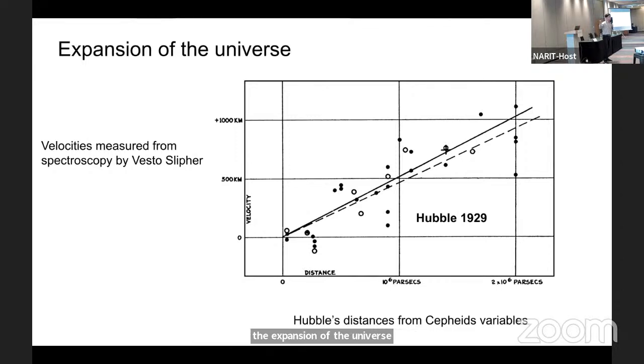This is the reason why his initial measurement of the Hubble constant, where v is the Hubble constant times the distance, came out at 400 kilometers per second per megaparsec, but really now we know it's more like 70, with a lot of debate.